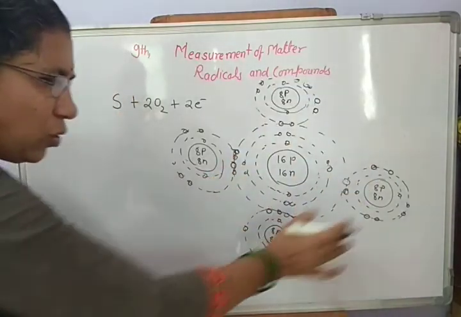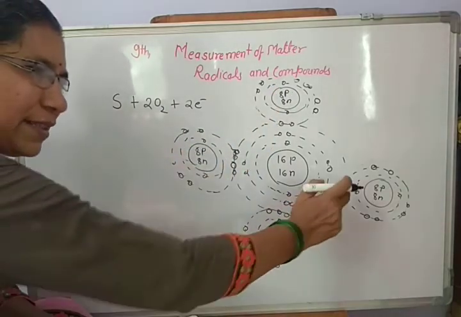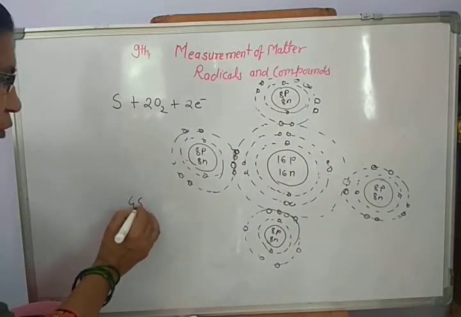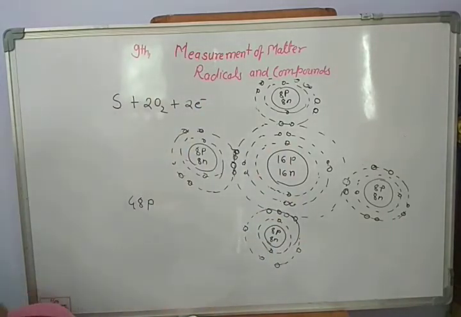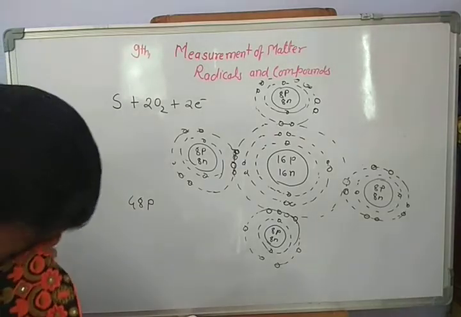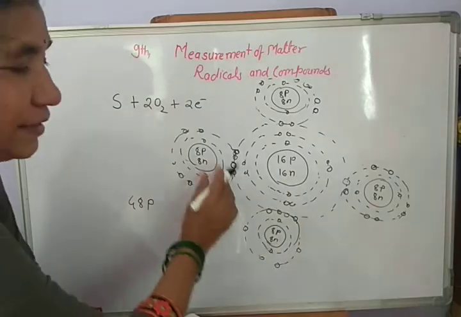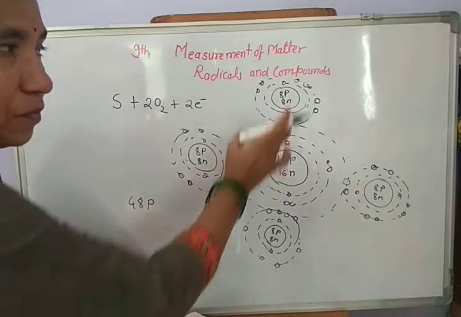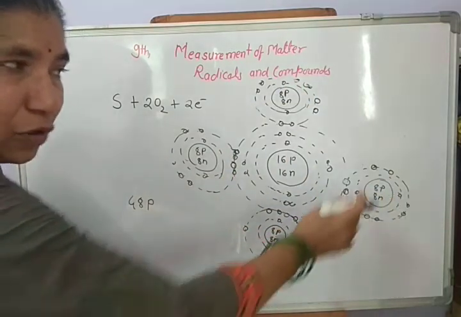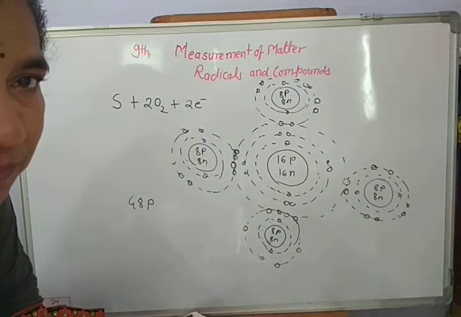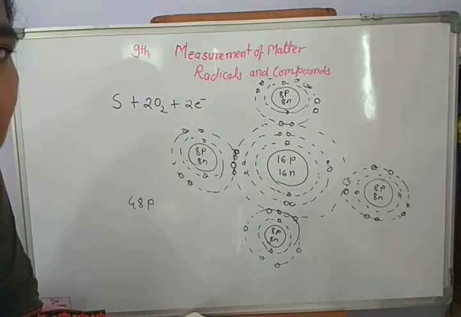Now how many total protons are there? 16 plus 16 plus 16. There are 48 protons. And how many electrons are there? There are 16 plus 16, 32, plus here 9. And here also 9, because one electron is more here. So 9 electrons are there.